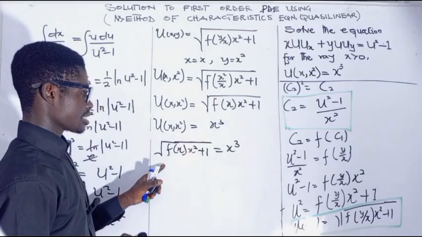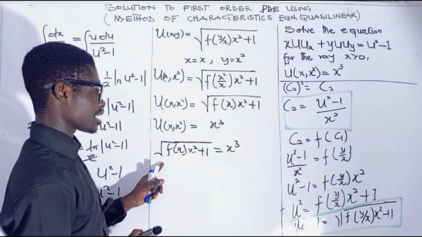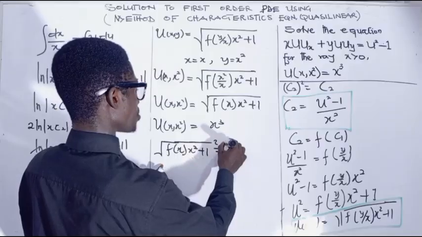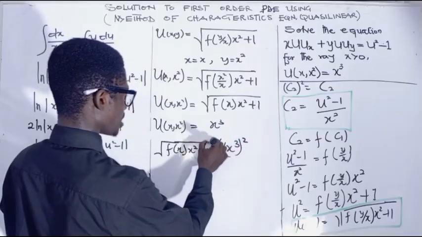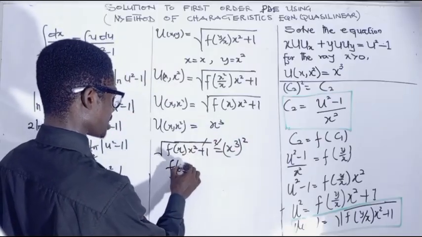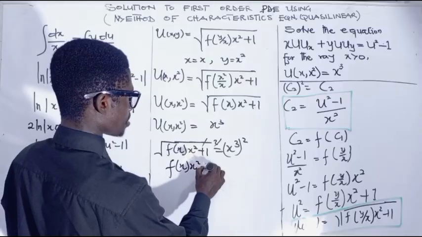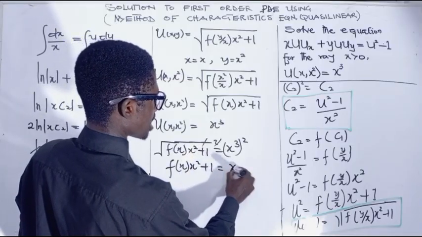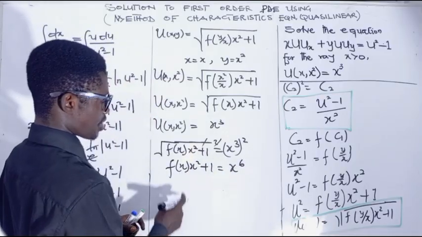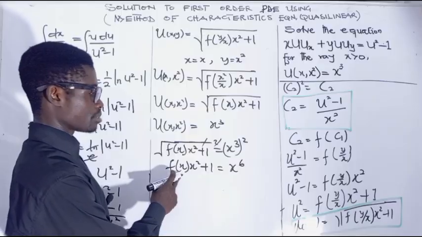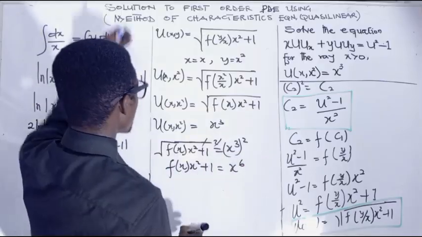Now let's do away with the radical sign by squaring both sides of the equal sign, so that this will cancel this. So we have f at x multiplying x squared plus 1 is equal to x raised to the power 6. Now we are interested in making f at x the subject, so let's bring this to the right hand side.